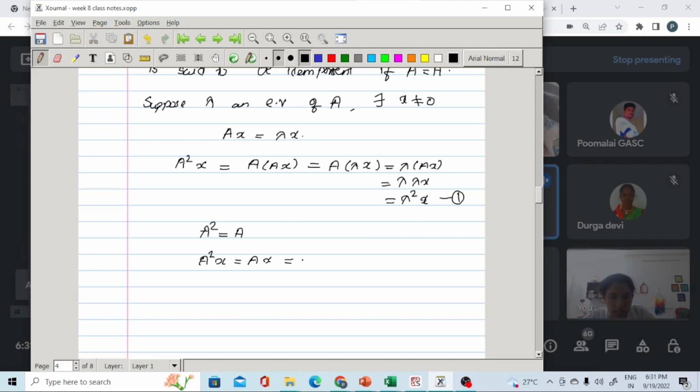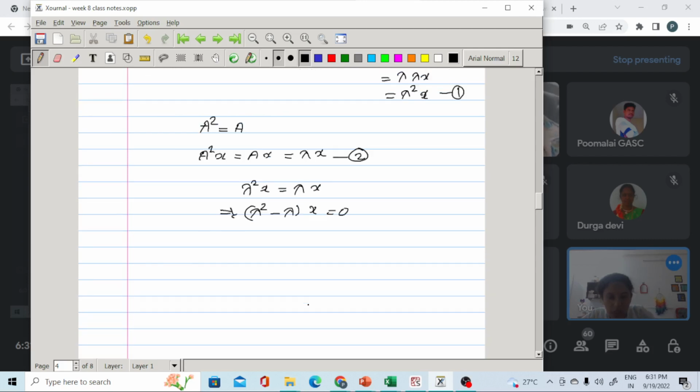Ax is lambda x. So we get A square x equal to lambda square x, and A square x equals lambda x. So we are equating lambda square x equals lambda x. That means lambda square minus lambda, times x, equals 0.